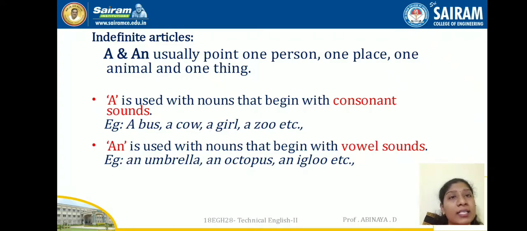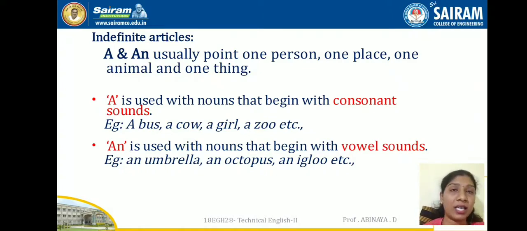A is used with nouns that begin with consonant sounds, and an is used with nouns that begin with vowel sounds. It is not about consonant letters or vowel letters actually; those are consonant sounds. A is used with nouns that begin with consonant sounds: bus, cow, girl, zoo, goat. Such consonant sounds should come with the article a. And what are the vowel sounds?